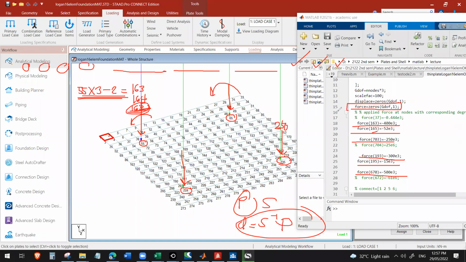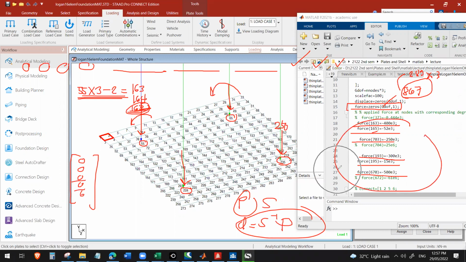So the force vector is having a size of all zeros, na ang size ay GDOF, 1. Remember, ang GDOF natin ay 867, which is a function of the number of nodes na 289 times 3. So, yan yung GDOF mo. 867. So, lalagyan niya ng puro 0. Tapos, with this command, fill upan niya yan ng values. Okay?